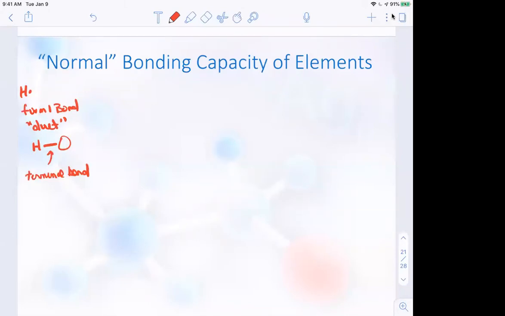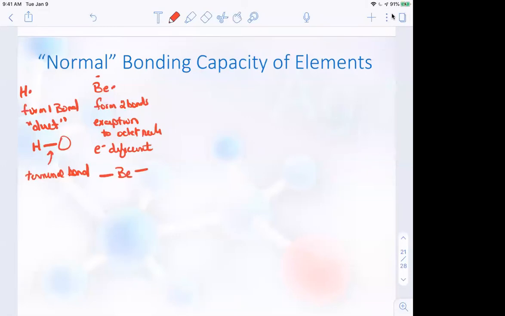If I look at the next one, I have beryllium, which is in group 2 and has 2 valence electrons. Beryllium wants to form 2 bonds. It's an exception to the octet rule. It actually is going to form electron deficient species if it forms a covalent bond, and beryllium is going to look like this.